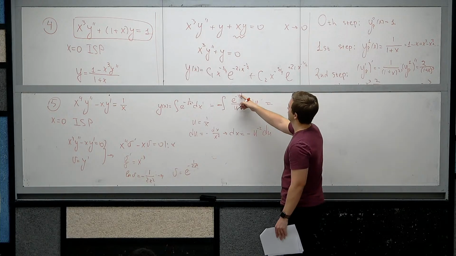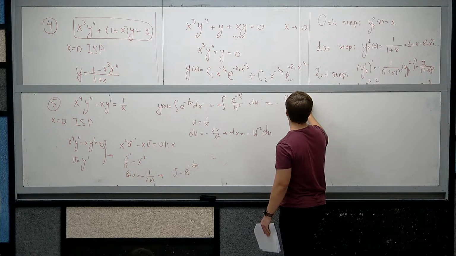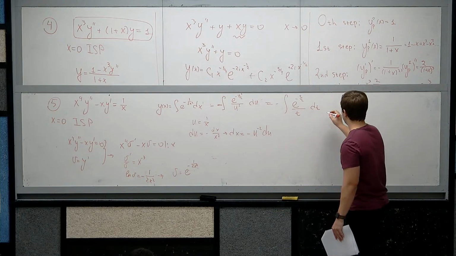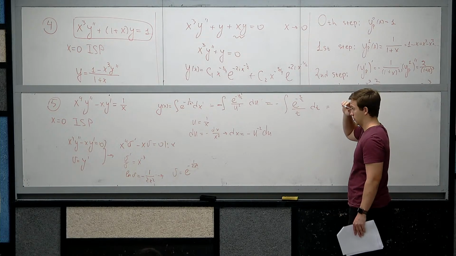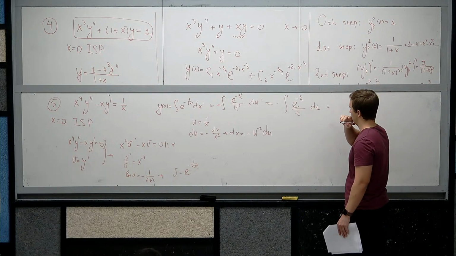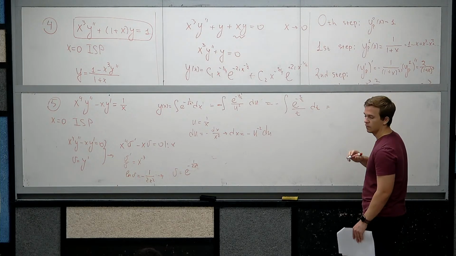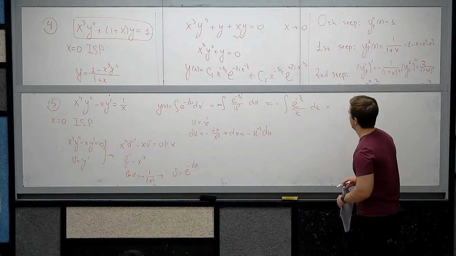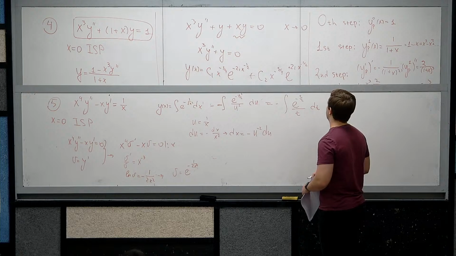Let's change this to another letter, like t. It's 2t dt, you have the derivative, and you have to multiply by 2u du.